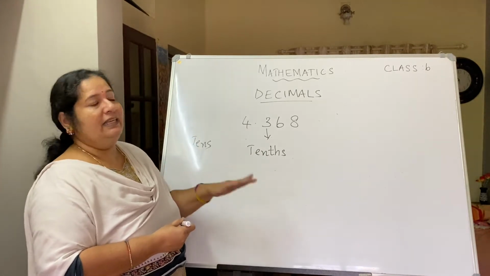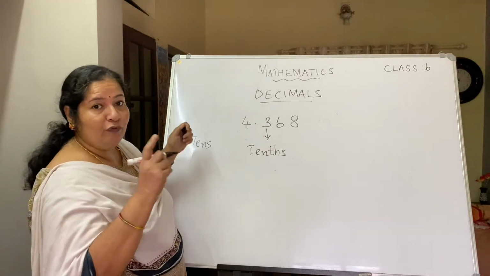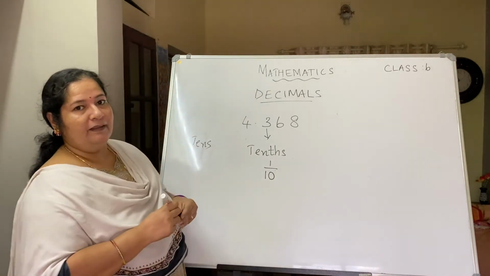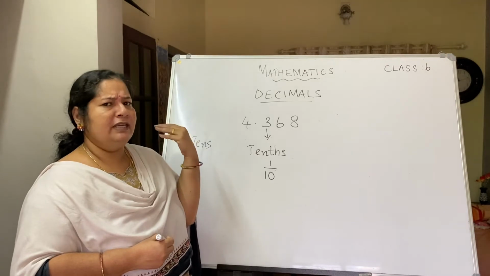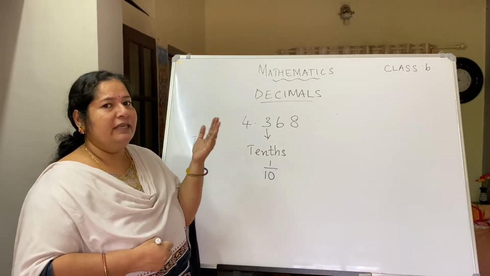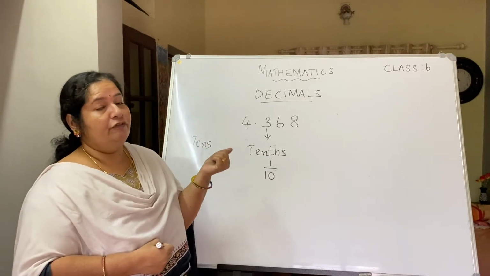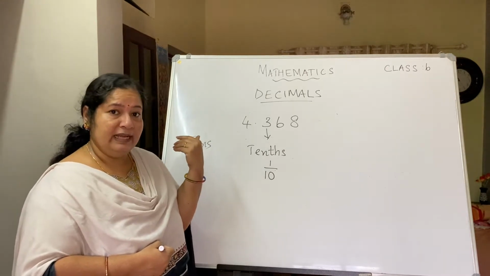This tenths place will have a value of 1/10. Just recollect what we have learned about whole numbers or the natural numbers. How was the value? The first place was the ones place having a value of 1. The second place was the tens place having a value of 10. Third place was the hundreds place having a value of 100. It goes on like that.